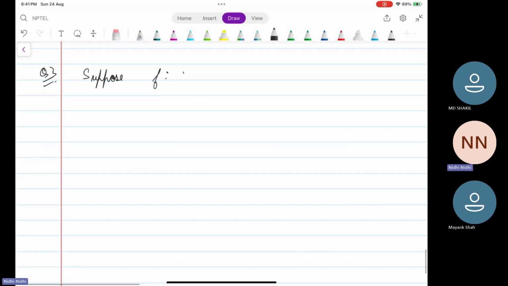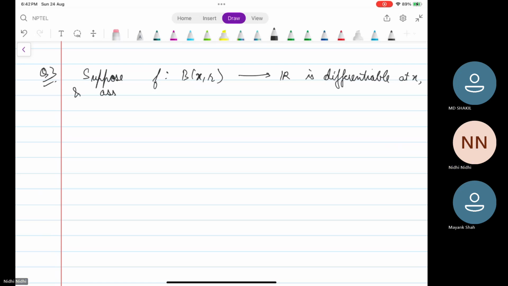Suppose f from B(x, r) to R, where B(x, r) is a ball around x with radius r, is differentiable at x, and assume that f(x) is greater than or equal to f(y) for every y in B(x, r).